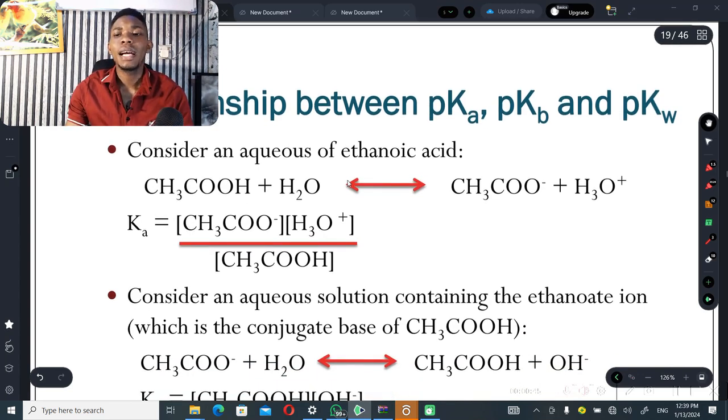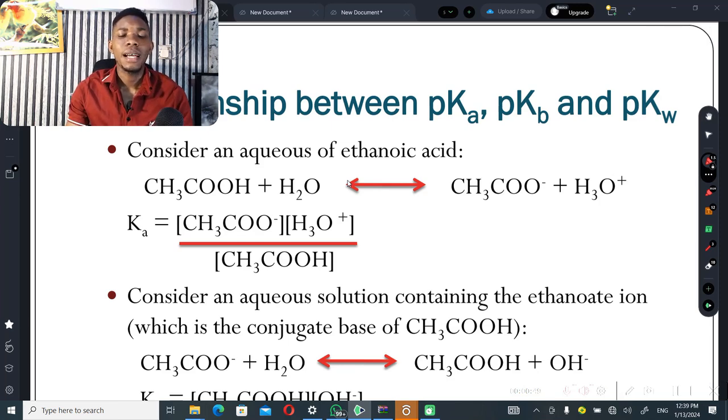Now, when ethanoic acid is dissolved in water, we said that the ethanoic acid will donate its proton to water. When it donates its proton to water, water will become protonated to form the hydronium ion, which is the only positive ion as postulated by the Arrhenius definition of acids.